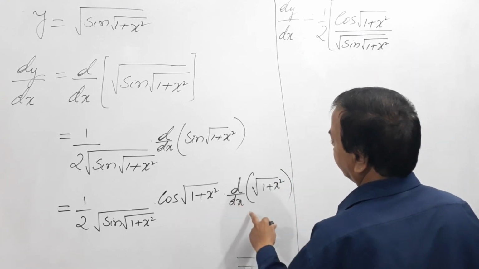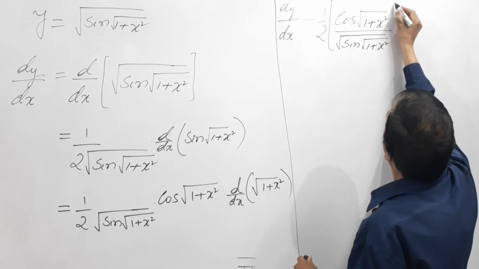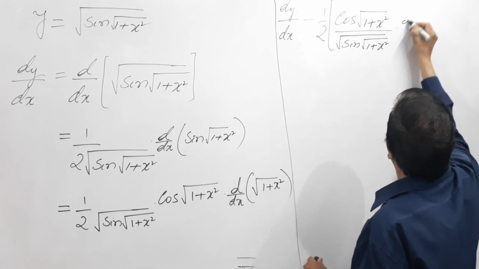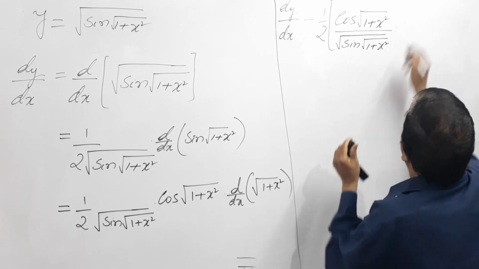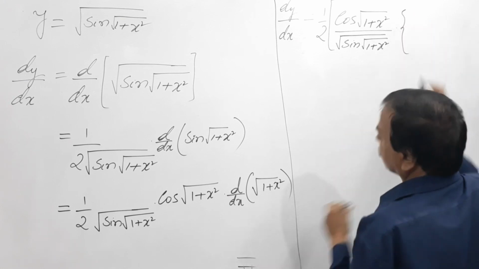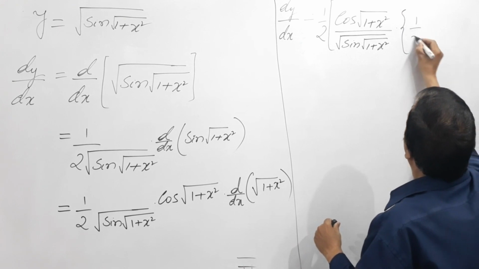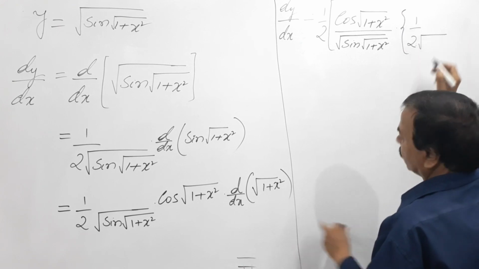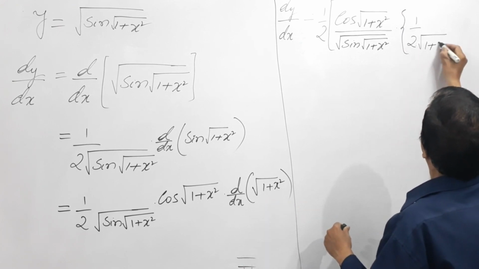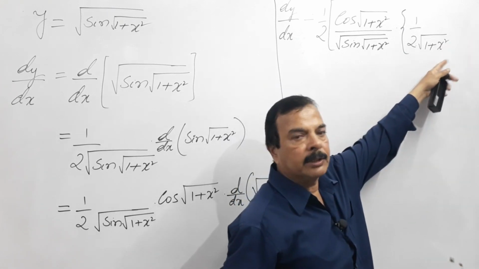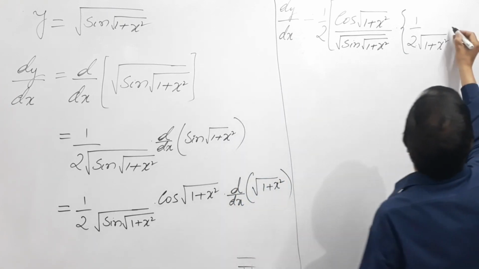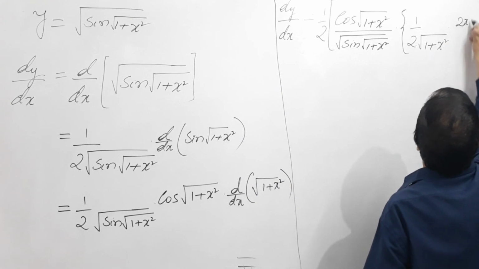Now this is our dy by dx of this, into dy by dx of this becomes what? I'll open this bracket. So this becomes half into root of 1 plus x square. Then d by dx of x square is 2x into 2x.